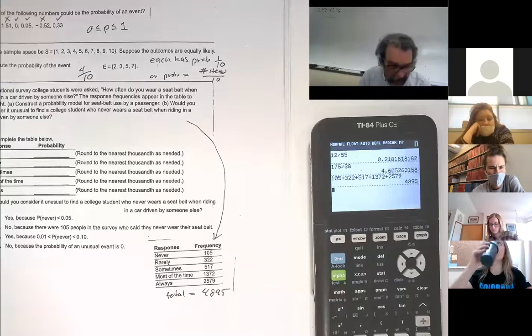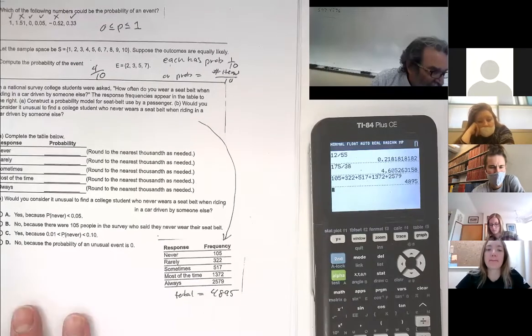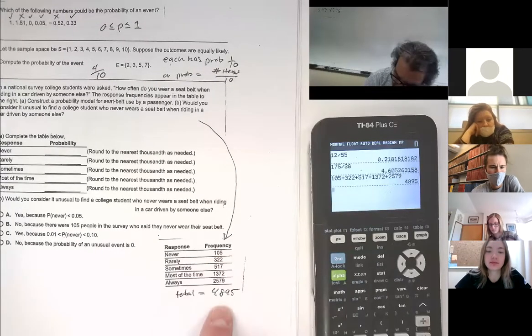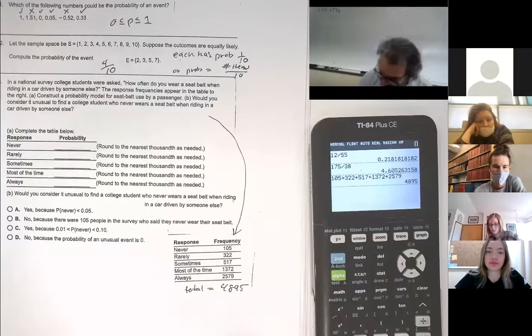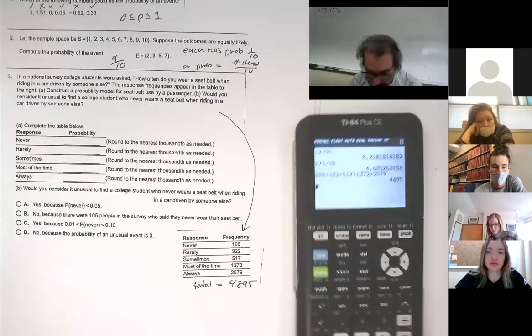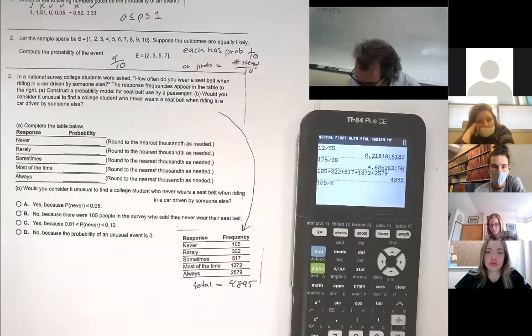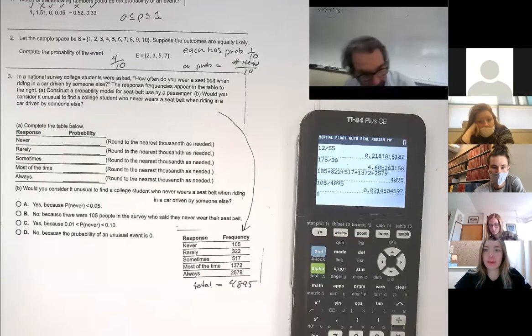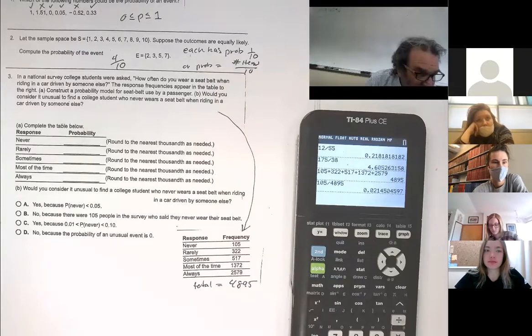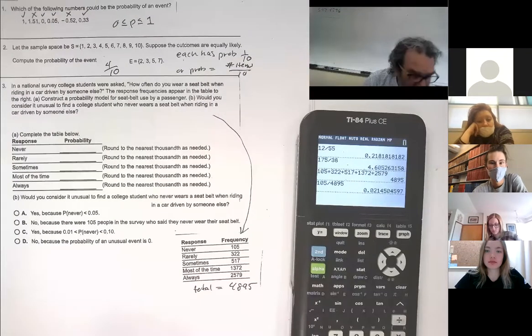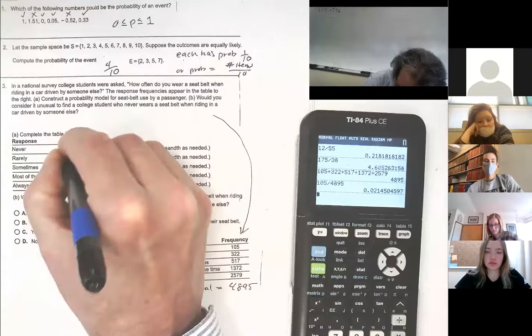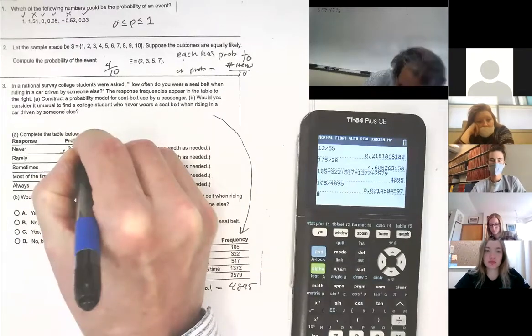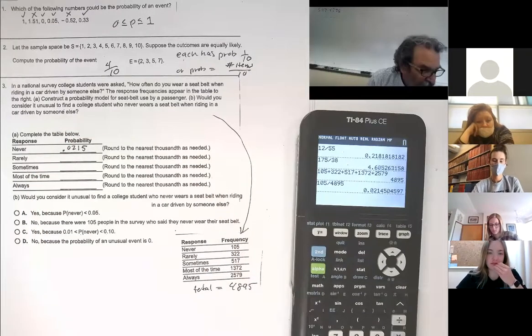And then to get the probability, we'll just take the fraction of the total. That should be the chance to pick somebody at random in that category. So 105 divided by 4895, okay, 0.0215 maybe. I'm rounding to 4 places.